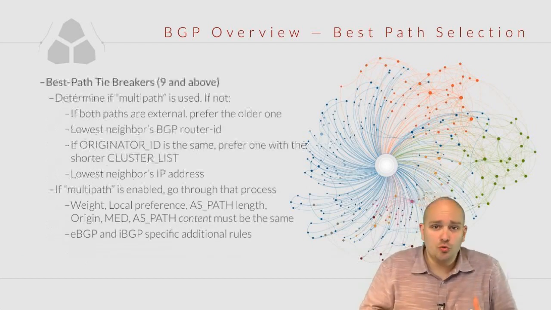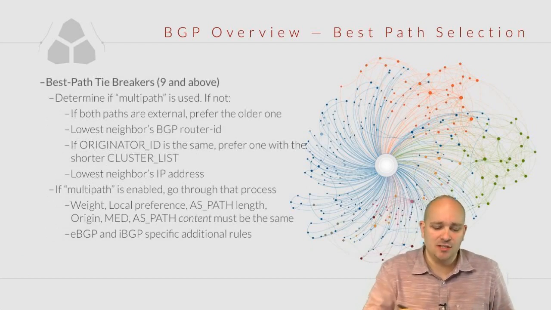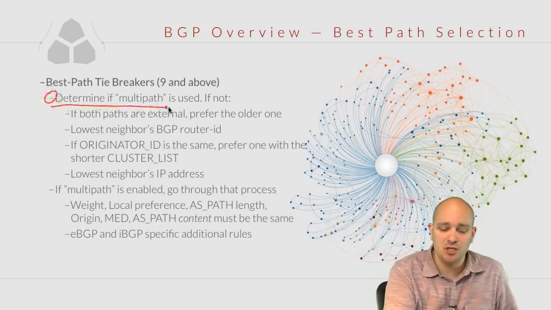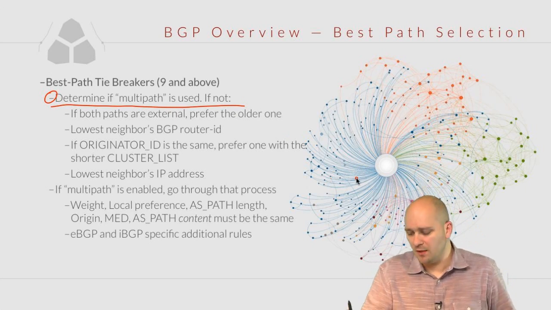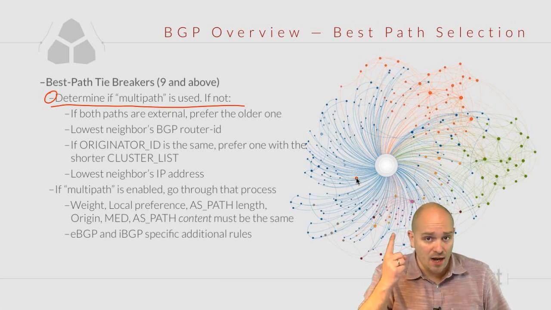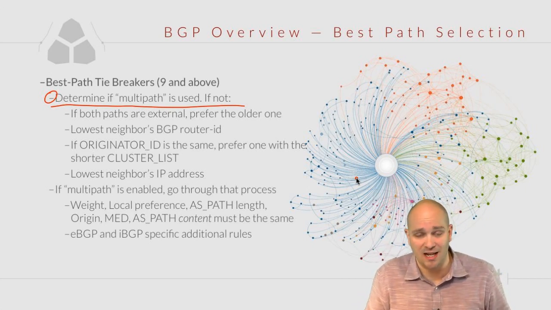Well, once you reach that point in the BGP best path selection process, the first thing that needs to happen is the BGP router needs to determine, is BGP multipath used? BGP multipath is the configuration in which BGP is allowed to not choose one best route but use multiple routes to reach a particular destination.